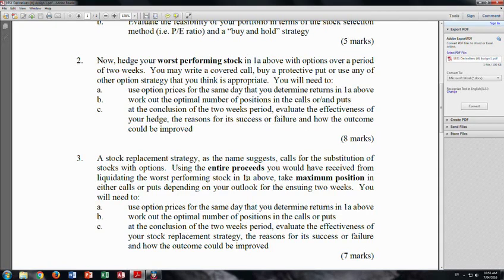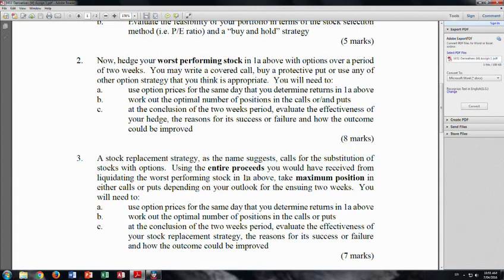Okay, part 3 is quite the same. Again, the starting point is the day that you liquidate or you determine the profit and loss of your portfolio. Again, you work out your strategy, work out the number of calls or puts. But the difference between 3 and 2 is that now you assume that you liquidate your worst performing stock in part 1.